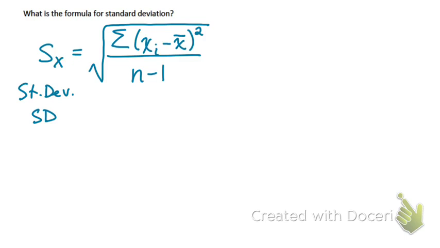X sub i means take each number in the distribution and subtract the mean and then square that value. So for that example we just had, I would do 1 minus 3 squared. Then I would do 2 minus 3 squared. And then 3 minus 3 squared, 4 minus 3 squared, 5 minus 3 squared.